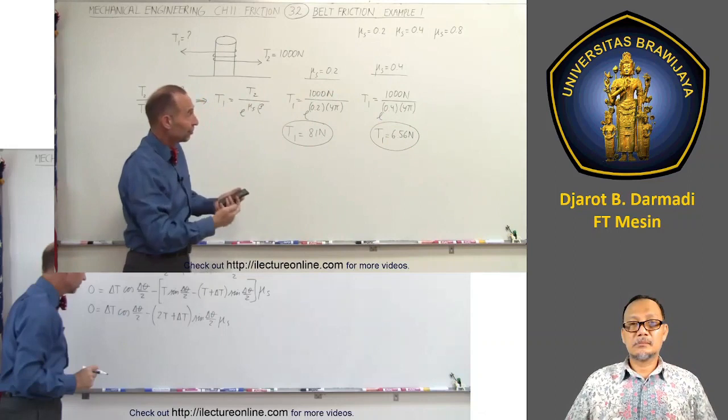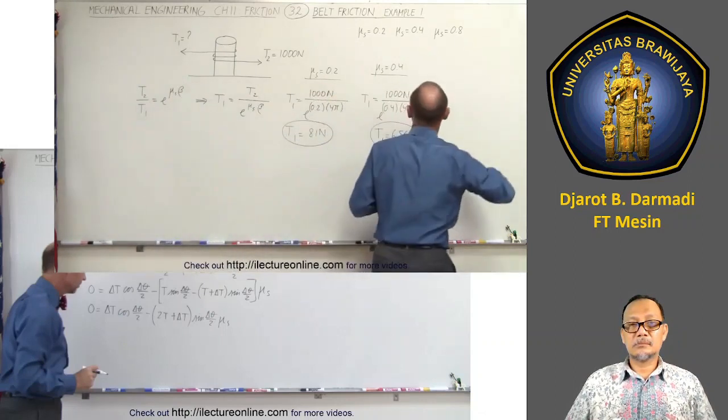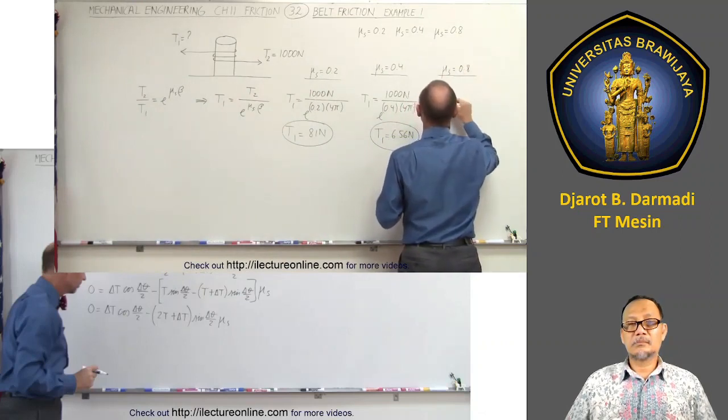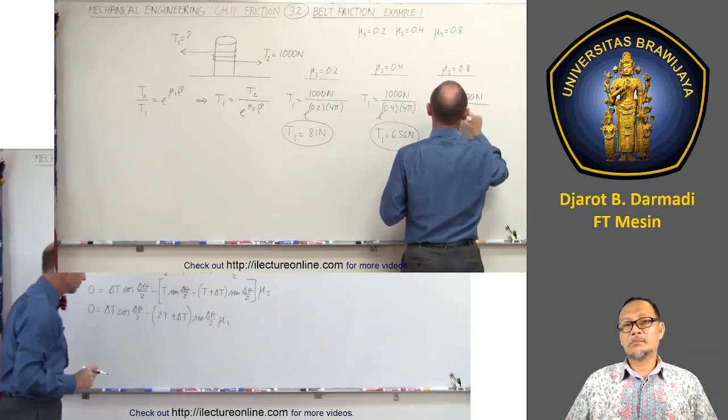Now let's go one more. Let's say the coefficient of friction is 0.8. That's not a usual case, but just to see how this works. Let's try mu sub s equals 0.8. That gives us T1 is equal to 1,000 newtons divided by e to the 0.8 times 4 pi.